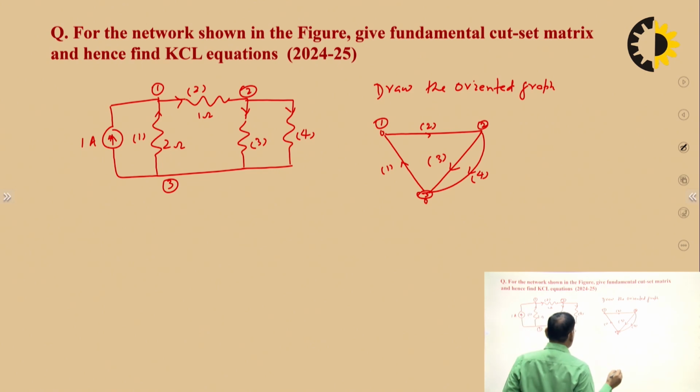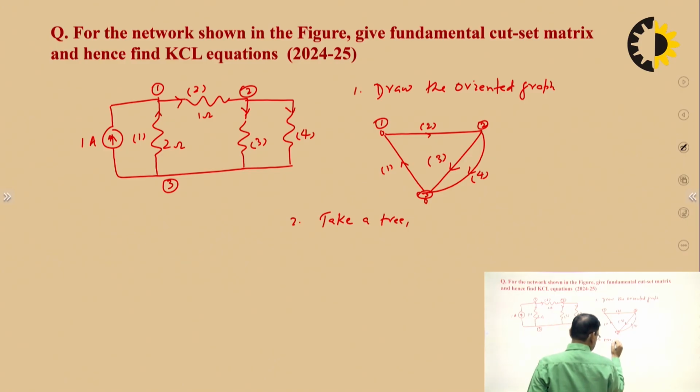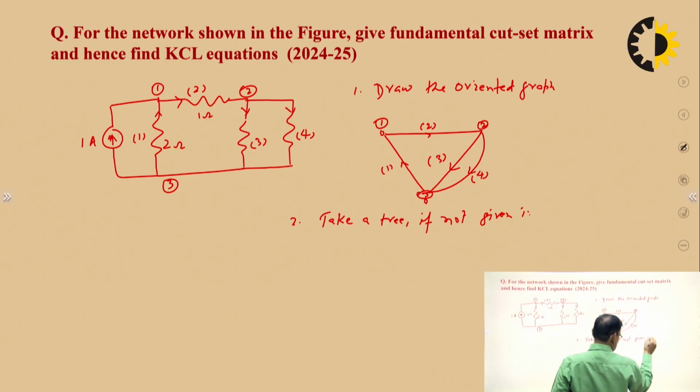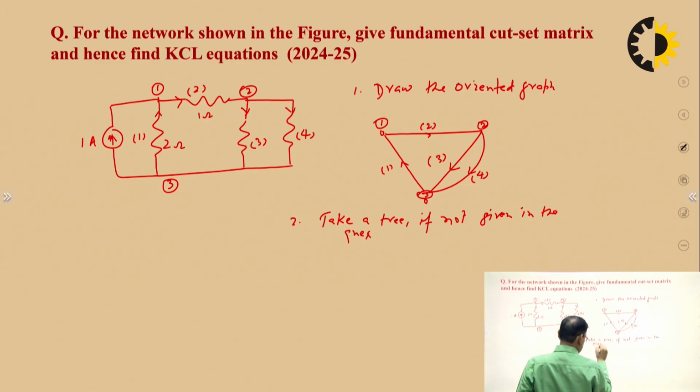So for the fundamental cut set matrix, you have to take a tree. If it is not given in the question paper, as in this case, I am taking 1, 3 as the tree branches.